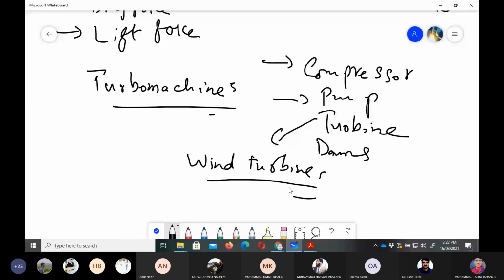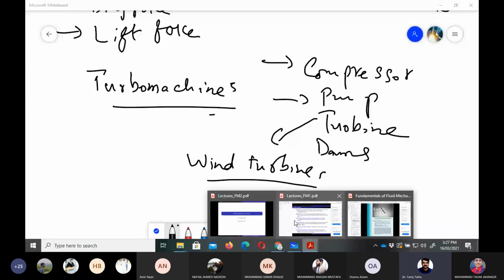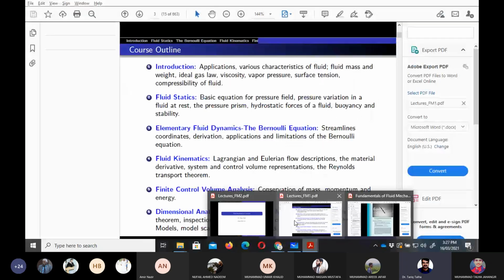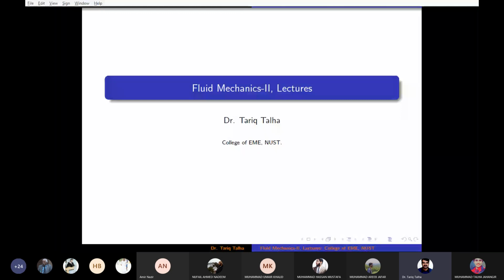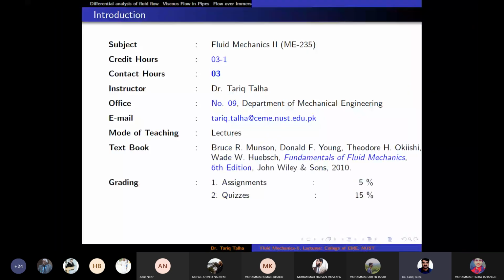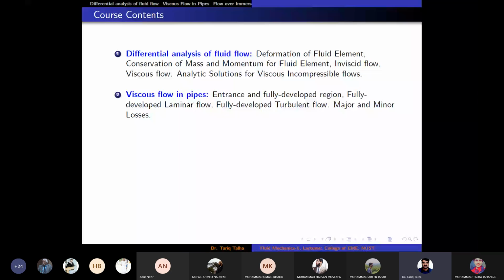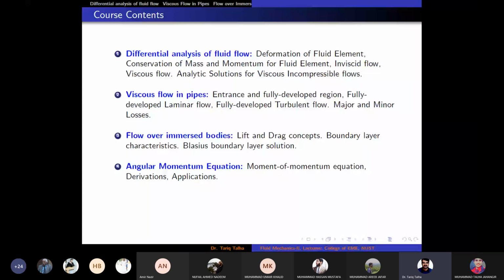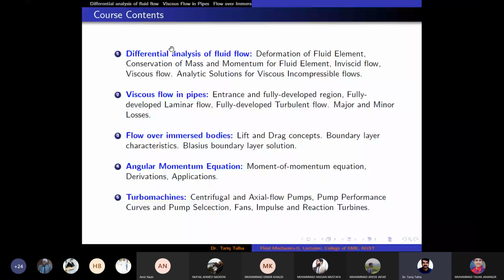So these are the four major topics we are going to cover in this fluid mechanics 2 course. Let me show you the course contents here. One is the differential analysis of fluid flow, which is chapter number 6. As I have discussed, here we are going to derive the Navier-Stokes equations, which are derived by the conservation of mass and momentum for the fluid element or fluid particle.